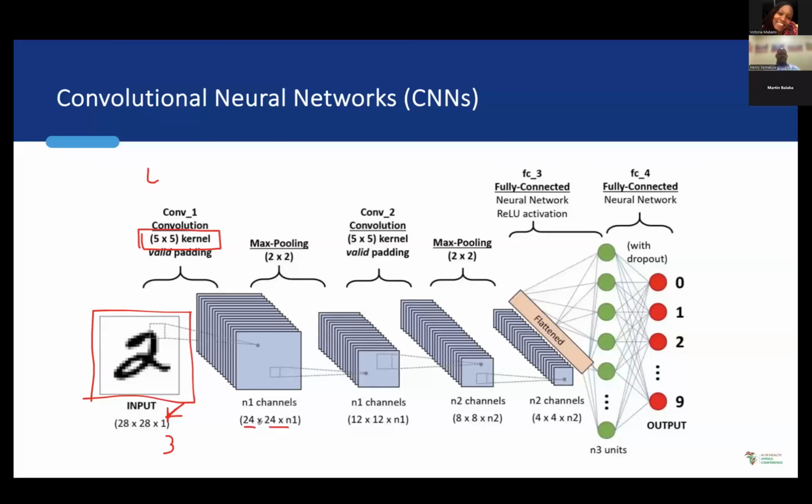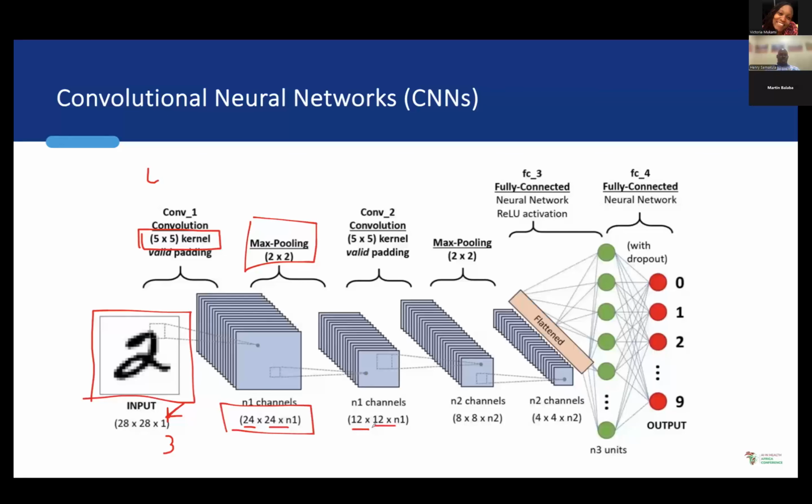Then you perform max pooling. Remember, when you have the image, you perform a convolutional operation, as we've said. The output now becomes the input to the next stage. Now we are having a 24 by 24 image, and we are going to perform max pooling on that image. So after performing max pooling, we are getting a 12 by 12.